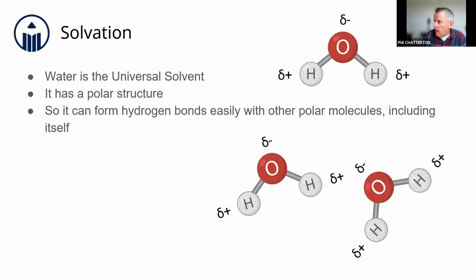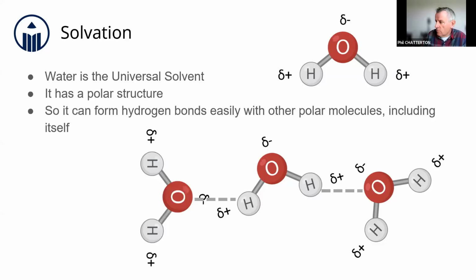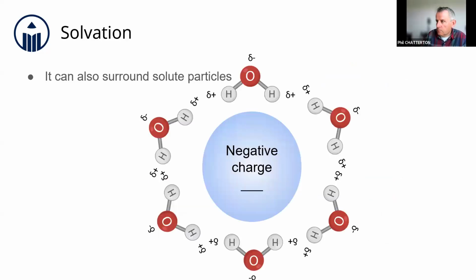Okay, it can form hydrogen bonds to itself, of course, and you know from the water subtopic that that's very important in explaining things like the high boiling point that water has, etc., and the fact that it can exist as liquid water on Earth. Okay, so there's some examples of water hydrogen bonding to other water molecules.